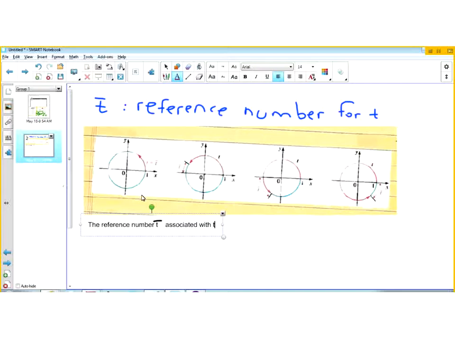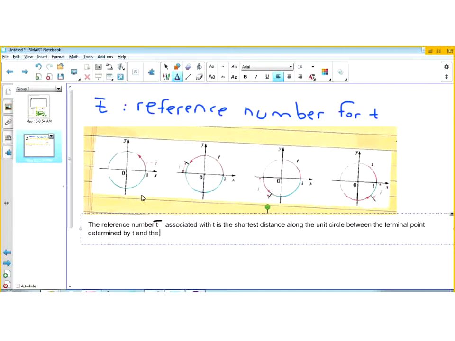The reference number t bar associated with the terminal number t is the shortest distance along the unit circle between the terminal point determined by t and the x-axis.